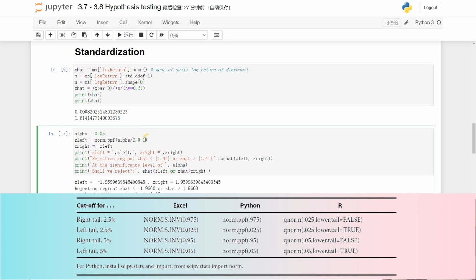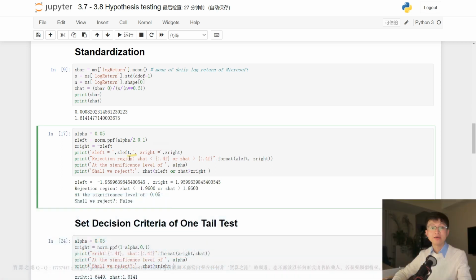For example, to find the critical values for alpha equals 0.05, we can use the norm PPF function, and this will output the rejection region: z hat smaller than negative 1.96 or z hat greater than 1.96, which corresponds to the rejection regions for alpha equals 0.05 in a two-tailed test.